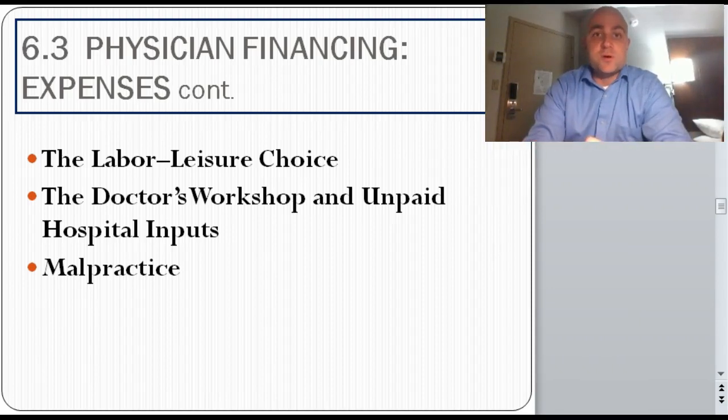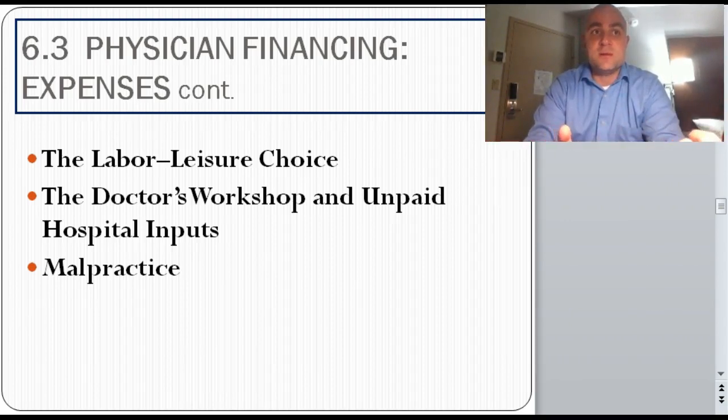The premiums also are going to vary by risk and specialty, because a cardiologist is likely going to have a better chance of getting sued, because with cardiology patients there's a lot of risk involved, and they're more likely to get sick or die. And when that happens, it makes it more likely to get sued.